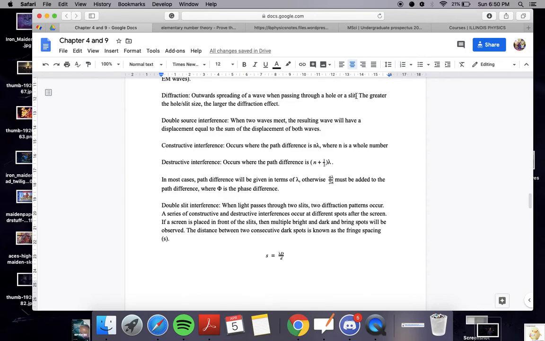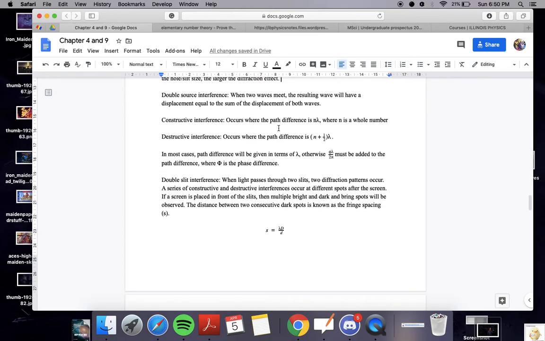Also, the greater the hole or the slit size, the larger the diffraction effect that will occur. Now here's one type of diffraction that you really need to know for chapter 4. It's double source interference.